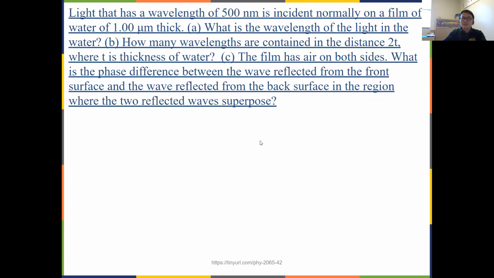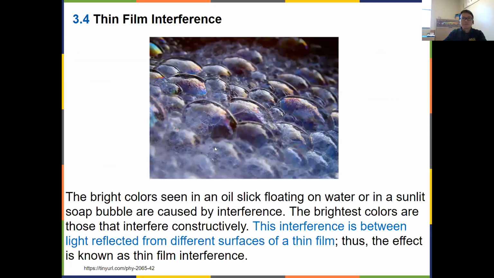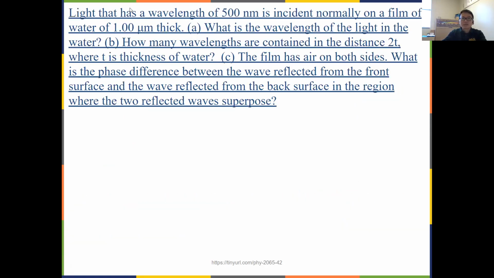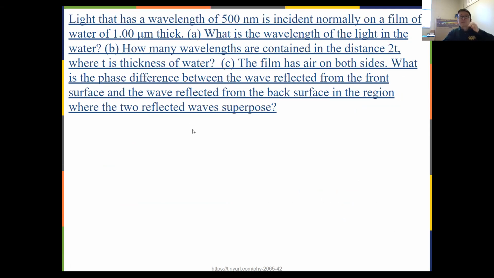Okay. So then let's take a look at this. Light has a wavelength of 500 nanometers, incident normally on a film of water 1.00 micrometer thick. What's the wavelength of the light in the water? And then how many wavelengths are contained in the distance 2t, where t is the thickness of the water?